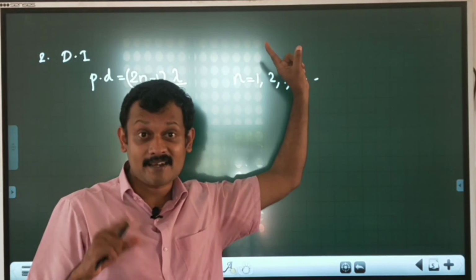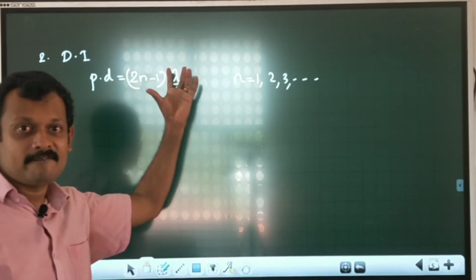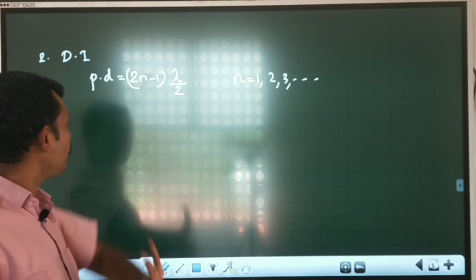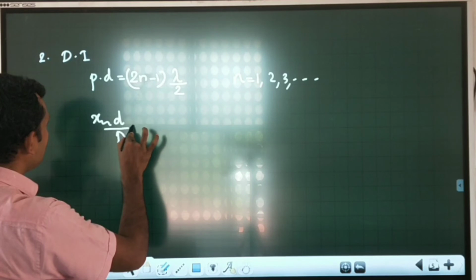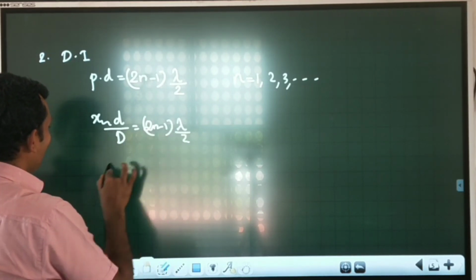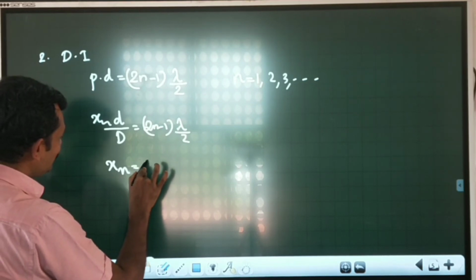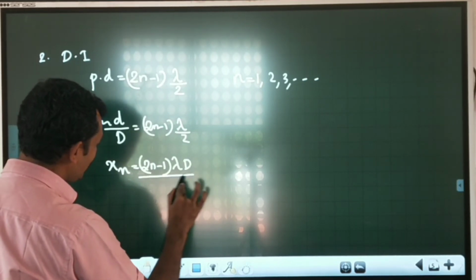There the NCERT has taken n from 0, 1, 2, 3, etc. That may create confusions in problems. That's the reason I am going for this one. So xn into small d divided by capital D is equal to 2n minus 1 lambda by 2. Now I will get xn is equal to 2n minus 1 lambda capital D divided by 2 into small d.